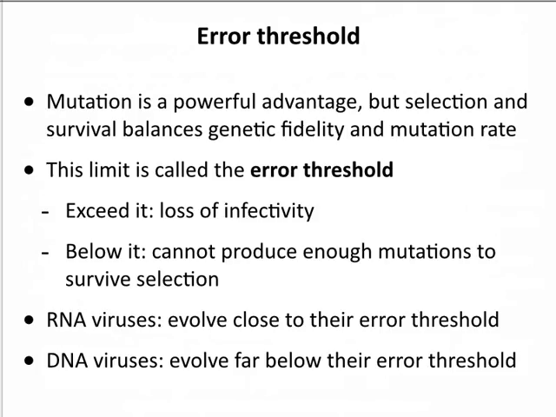If you go over it, the virus loses infectivity. If you go too far below it, you cannot make enough mutations to survive under selective forces. So with the poliovirus mutation that reduces the mutation frequency, the virus cannot survive. Turns out that RNA viruses exist very close to the error threshold, whereas DNA viruses, as you might predict, are pretty far below it.